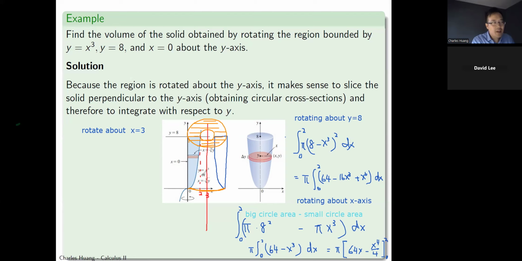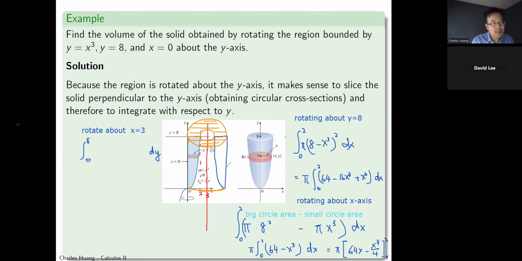But you can see how you are going to calculate the size of the washer. So here, when I calculate the size of the washer, I'll integrate, because I'm doing dy, from 0 to 8 dy. And we're going to go from the outside.